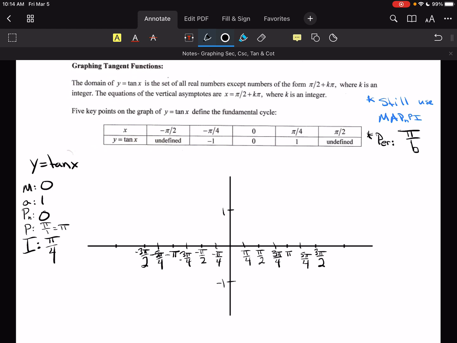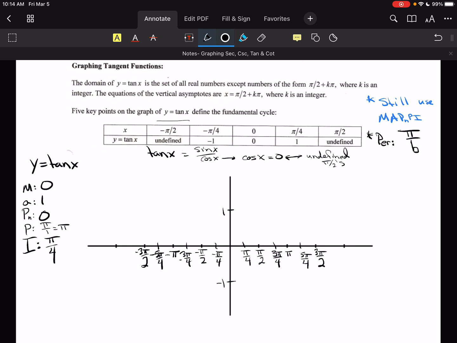Now, I have listed here my 5 key points of my parent function. And when we think about tangent, right? Tangent of x is sine over cosine. So when cosine is 0, that's when I'm undefined. So if I think about my unit circle, where cosine of x is undefined, those are my pi over 2s.